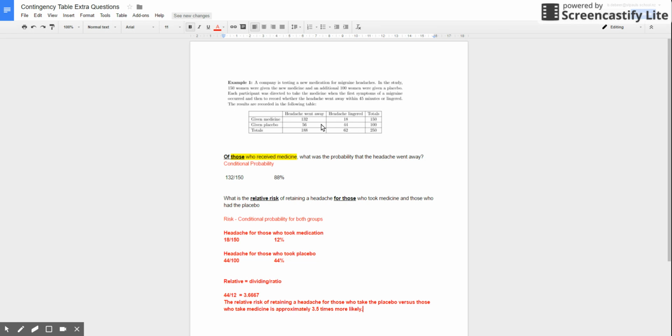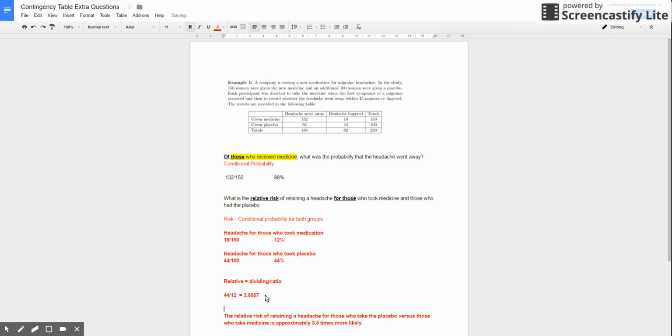So we see those who receive medicine is 150, and then relative risk is just finding out the percentage for each of the two subpopulations, and then comparing them. Now, when we see relative, we can talk about dividing or a ratio. So we figure out that it's going to be comparing one percentage versus the other.